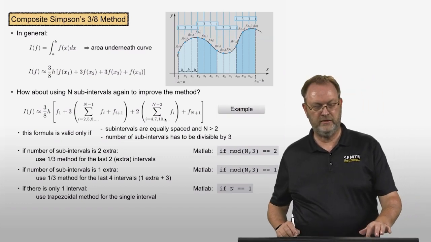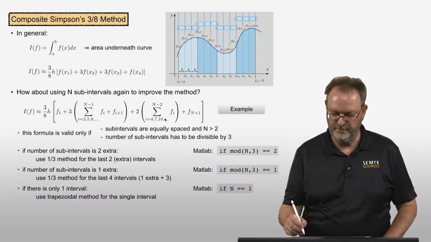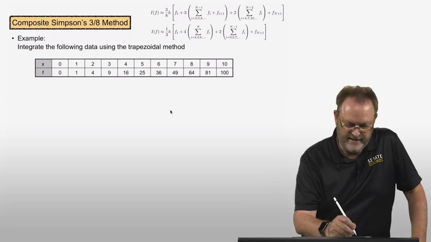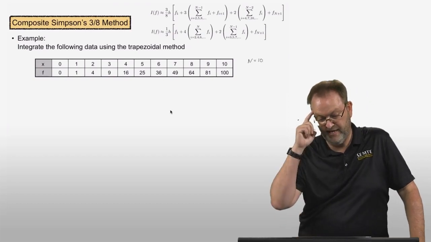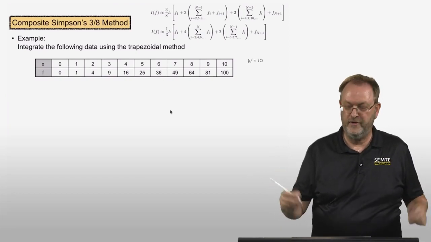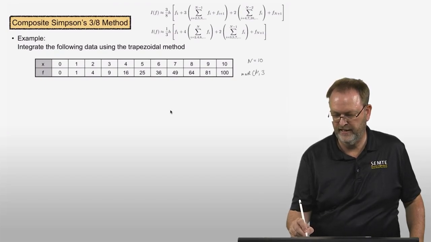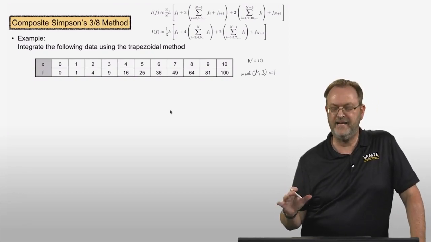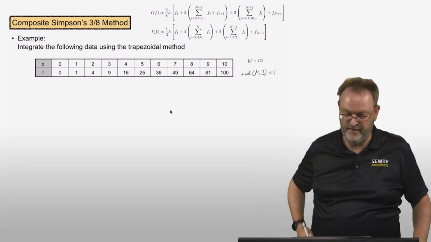Okay, so let's go back to our example, and let's try this out for Simpson's 3/8 method. This is the data that we have, and we're going to use Simpson's 3/8 method. So we determined before that n is equal to 10. Now that means that if I calculate the modulus, the remainder, of n and 3, it is equal to 1, which means that my last 4 subintervals are supposed to be done with Simpson's 1/3 method.